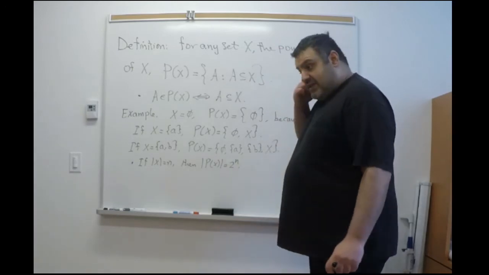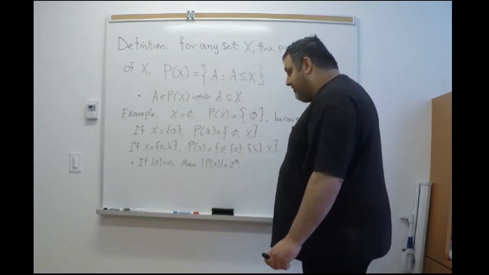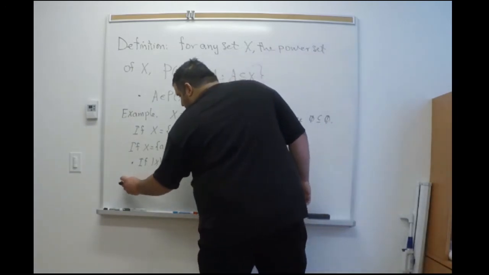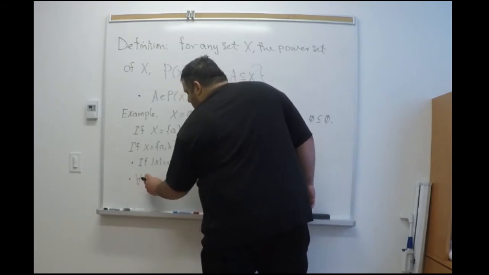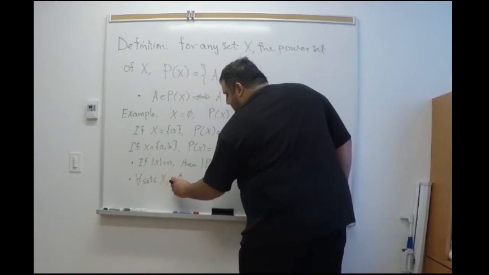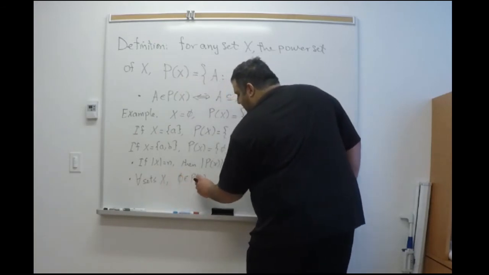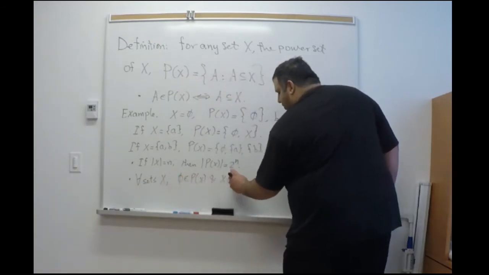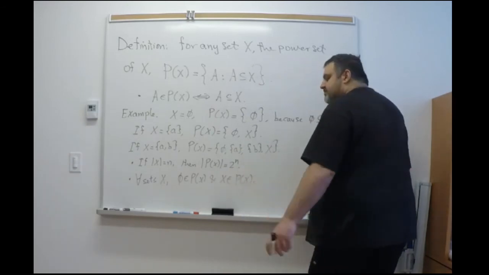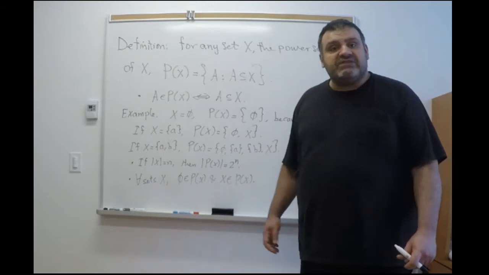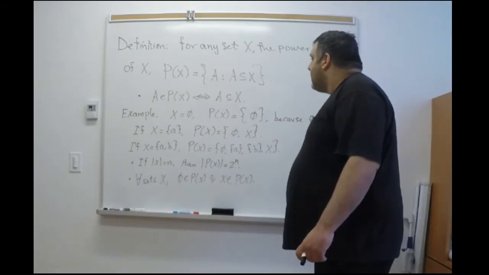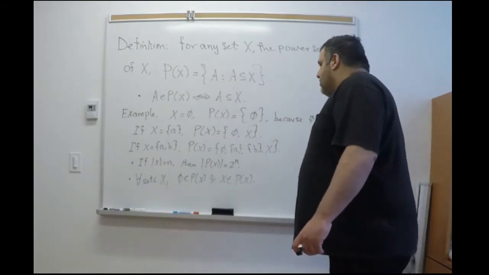The other remark that we can have is that for any set X, the empty set is always an element of the power set of X, and X is always an element of the power set of X. Why? The empty set is a subset of X, and X itself is a subset of itself.